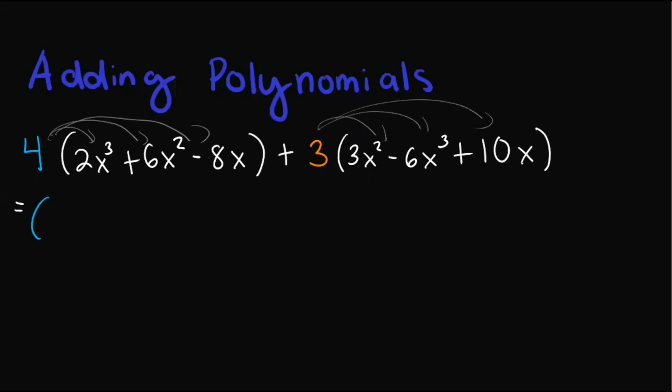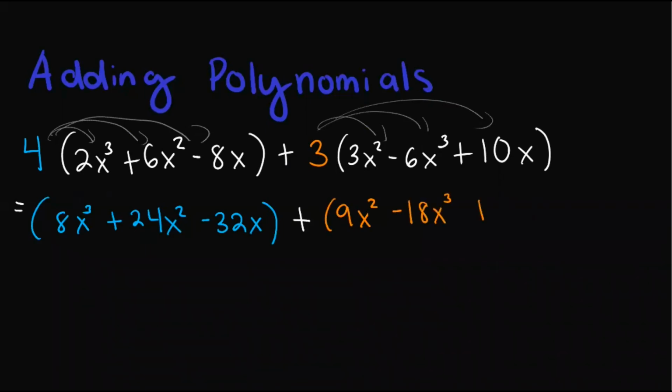We simply multiply it to the coefficient since it's like repeated addition. So this would become 8x cubed plus 24x squared minus 32x plus, for the next one, it is 9x squared minus 18x cubed plus 30x.